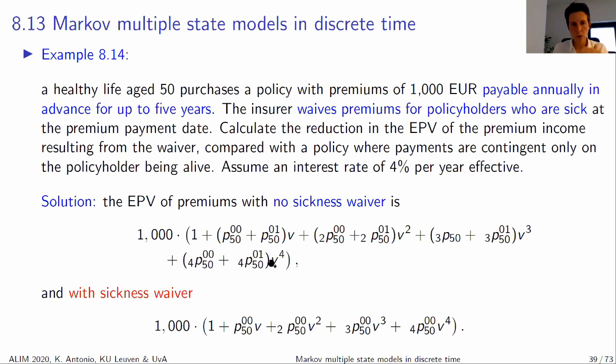Yeah? So the difference between my two expressions is that here I should take into account that you also have to pay the premium if you are in the sick state, whereas here at the bottom, I only need to pay the premium if I'm in the alive healthy state, so in the 0 state.